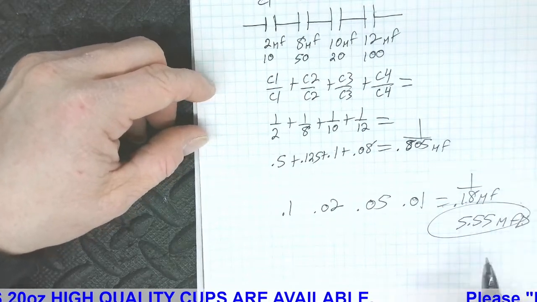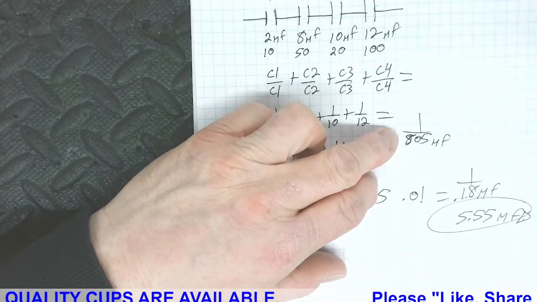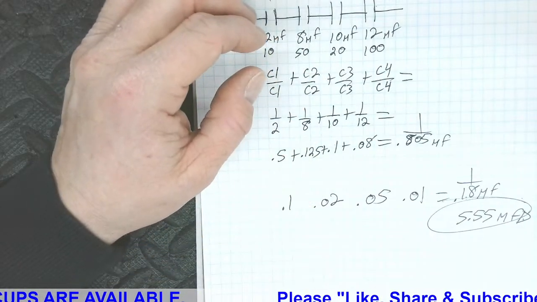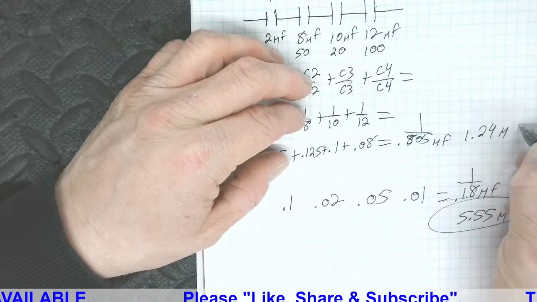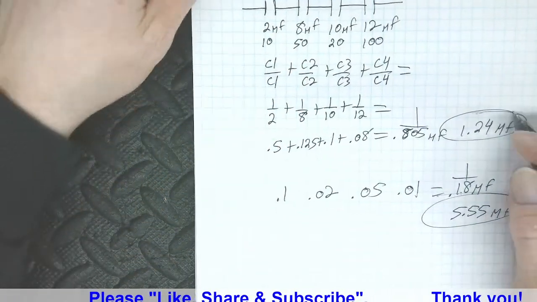So that'd be 5.55 microfarad on this one, and then 1 divided by 0.805 is going to be an oddball with this guy, like 1.24. Okay, so there's your equation for this one.